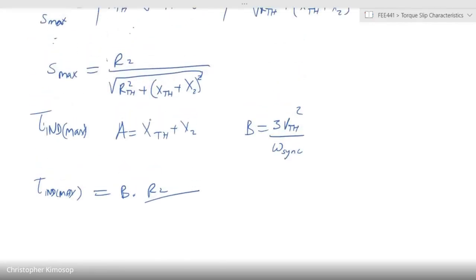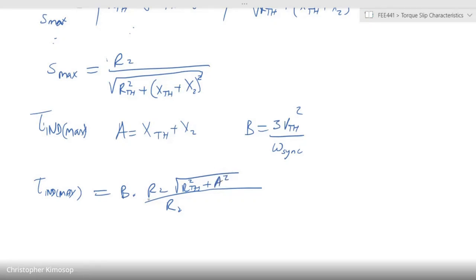S is given by all of that, so it is R2 over that. When we put all of that in, we invert it, which will be given by all of that squared plus A squared. Remember this, that's why this is A squared.